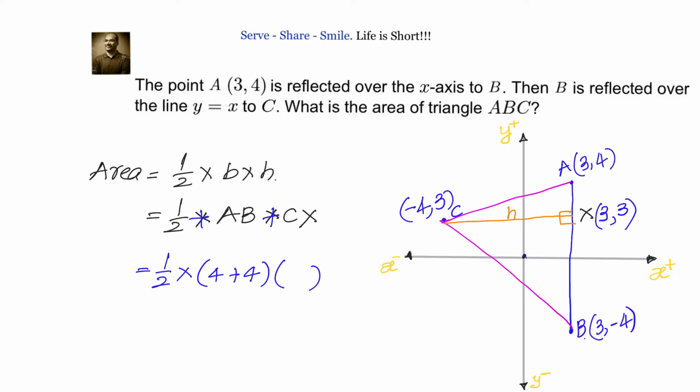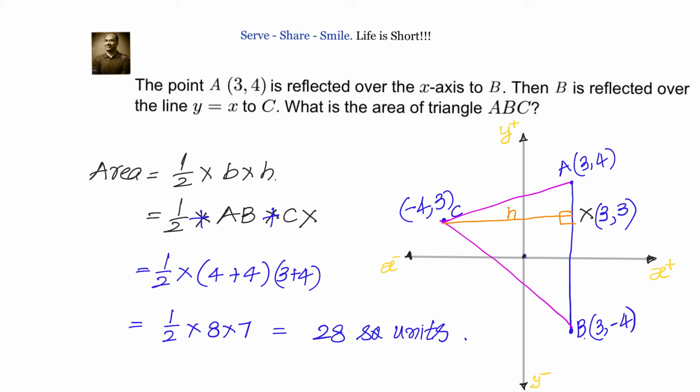The x coordinates are 3 and -4, so the difference between them is 3 plus 4. So the area of the triangle is half into 8 into 7, which is equal to 28 square units.